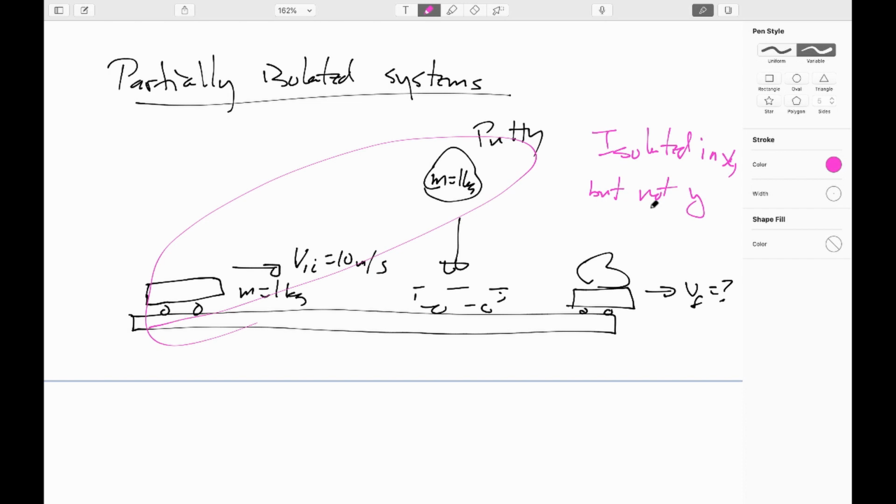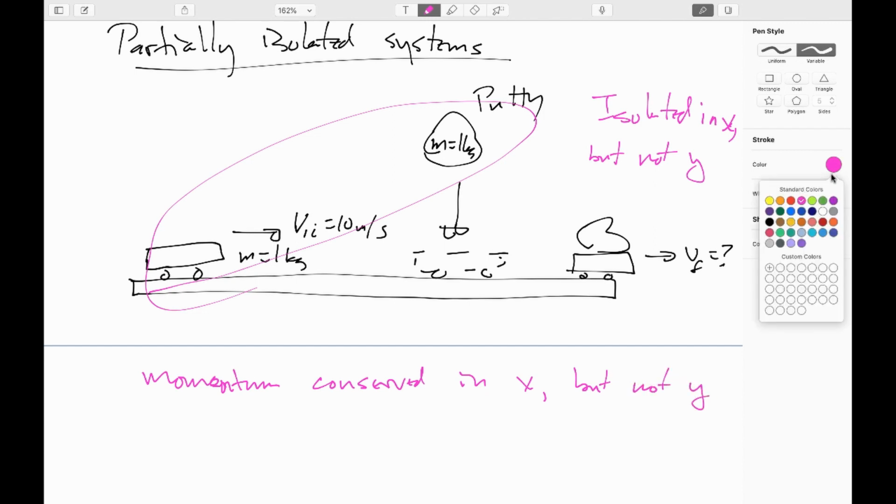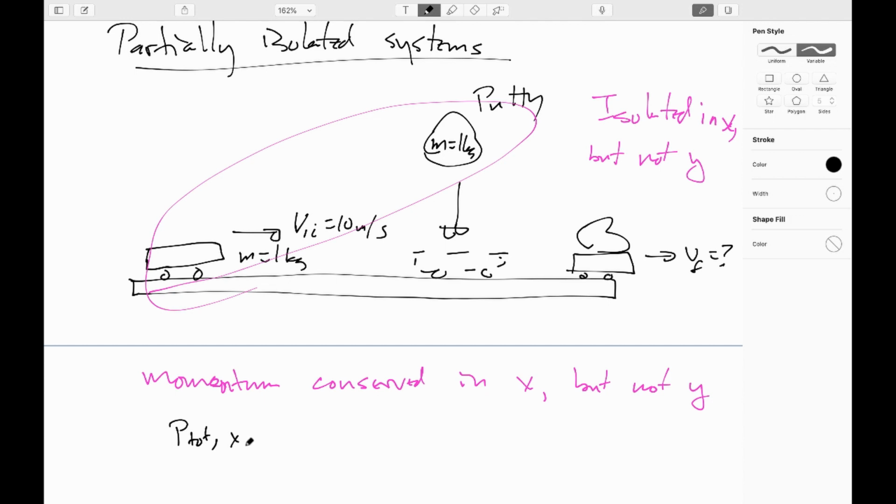What this means is that momentum is conserved in x but not y. So this means we are still free to conserve the x component momentum. So we can say that p tot x final equals p tot x initial.